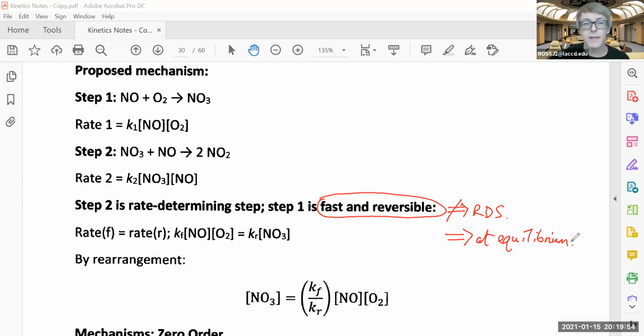So if we take the latter idea of at equilibrium, what does at equilibrium mean? It means that the forward and reverse rates are equal. Forward and reverse rates are equal at equilibrium. Okay, so for now, without explaining what equilibrium means, let's just say it's a condition, and if you've met that condition, you can make this statement that your rate forwards and your rate reverse are equal.